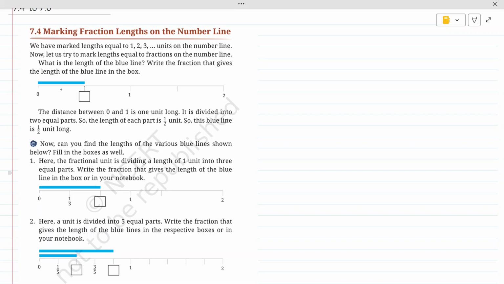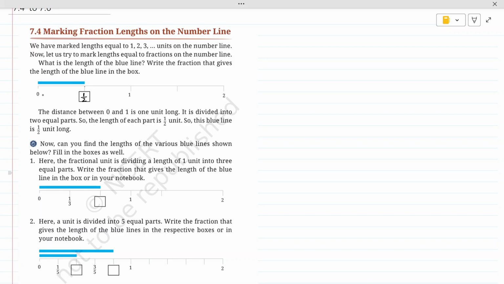And we can see that this particular mark between 0 and 1 is midway between these two. So that means this is half, this is 1 by 2, this is the half distance, representing the 1 by 2 of the complete 1 unit here.